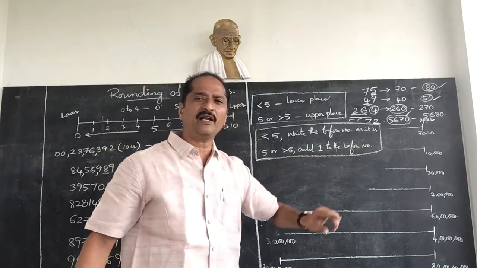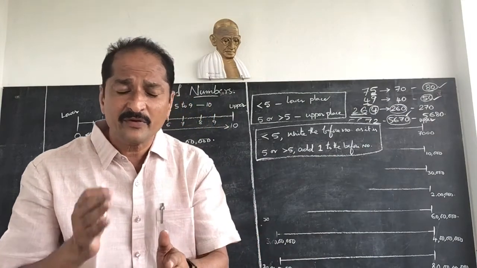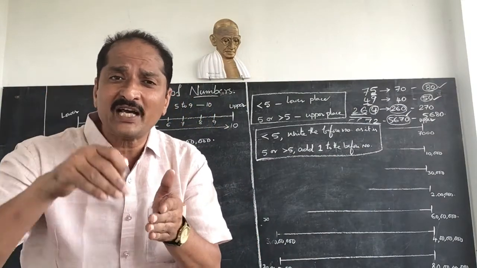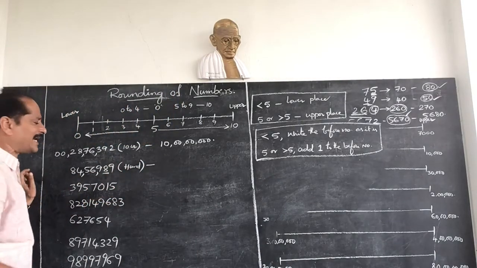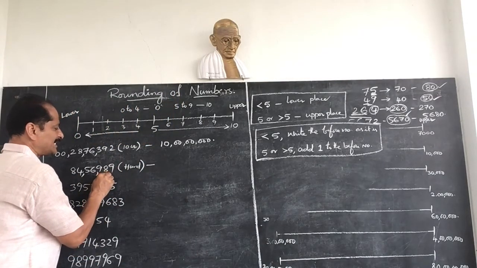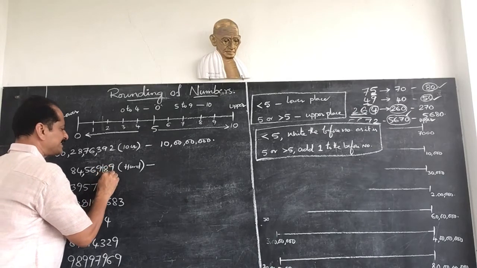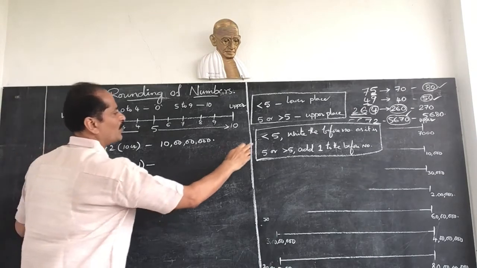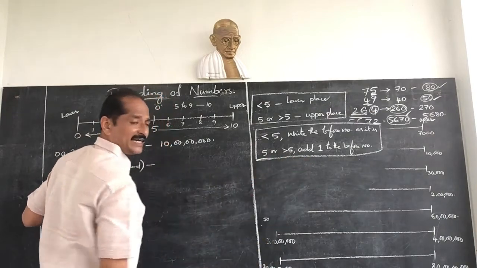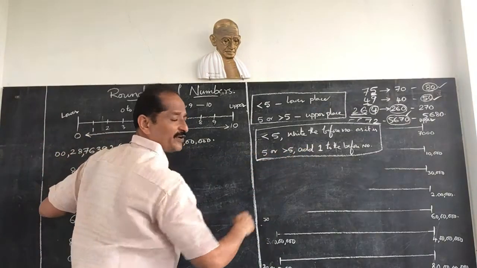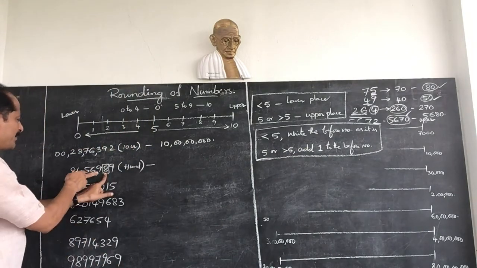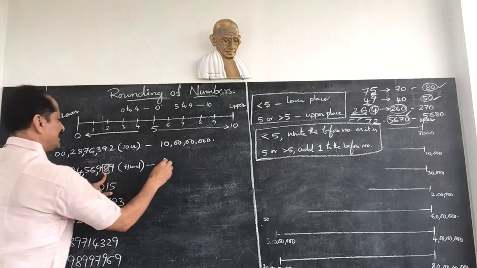Add 1 to the before number. Before number means the number at the place to which we are rounding. So see here, hundreds place, next lower than hundreds place, tens place, digit in tens place, 8. 8 is more than 5, 5 or more than 5, right? So then what should we do? Add 1 to the before number. What is the before number?